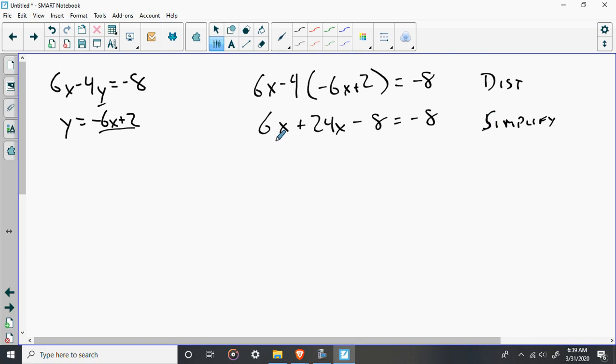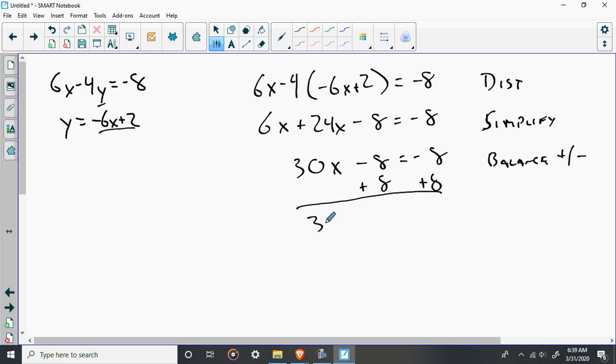So again, 6x and 24x is going to be 30x minus 8 is equal to -8. Okay, let's balance with the addition and subtraction. So let's add 8 to both sides. Now you're going to get 30x is equal to 0.